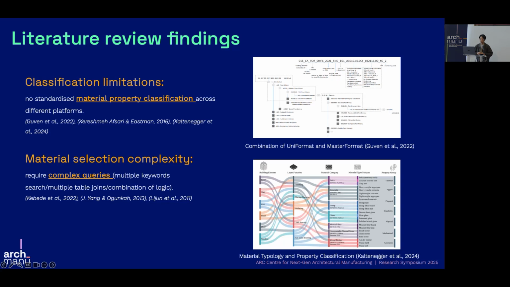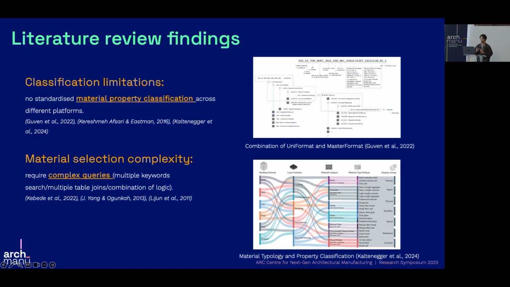The first is that currently there is no standardized material property classification across different platforms. There are several international construction classifications, such as Uniformat and MasterFormat, but they miss detailed material properties.